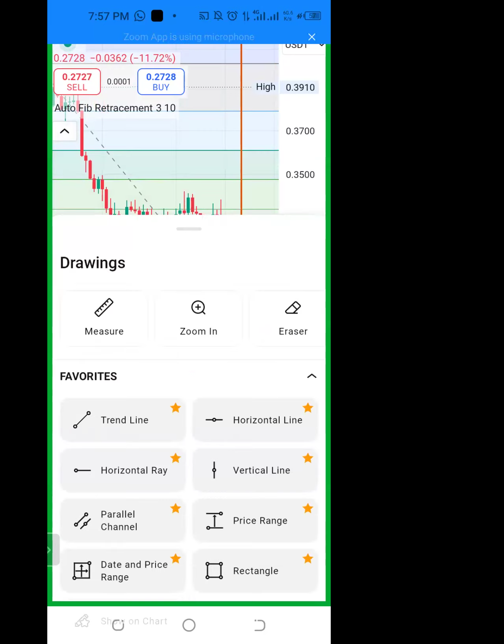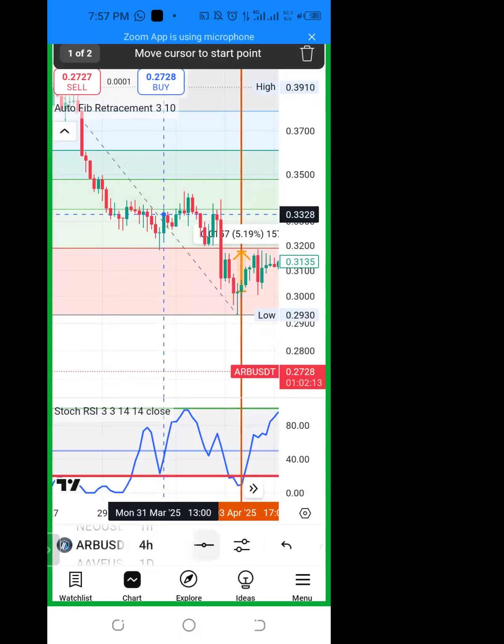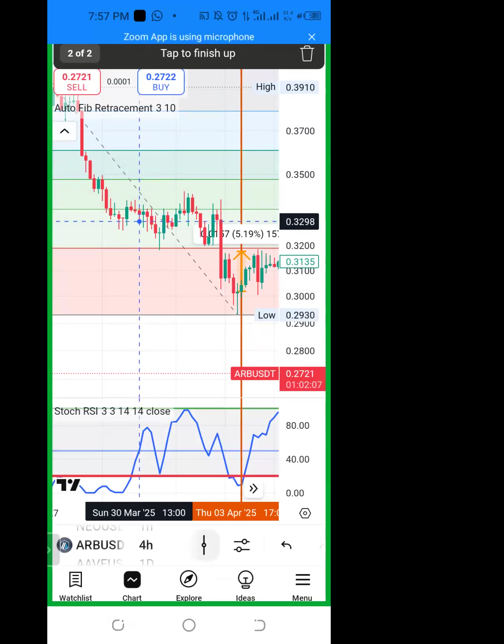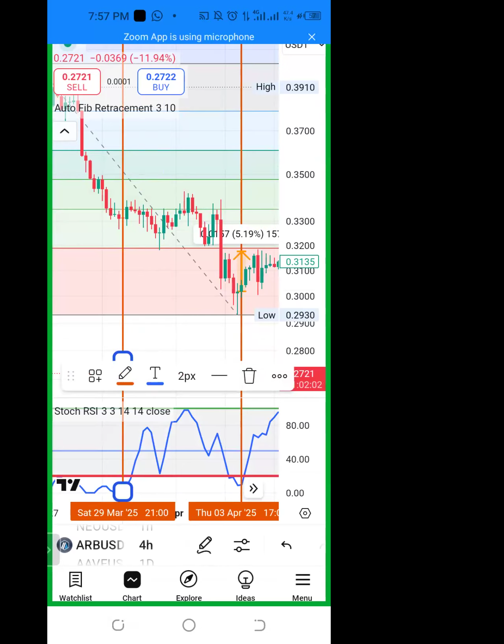No, not horizontal line. I need the vertical line. And it did it here too. But when it did it at that point, at that place, it didn't really go up because the coins are in a downward trend.